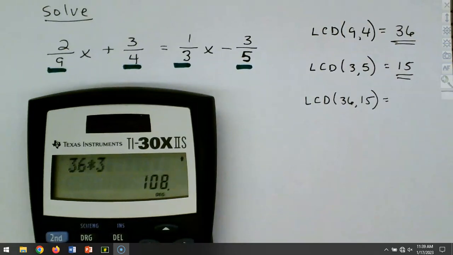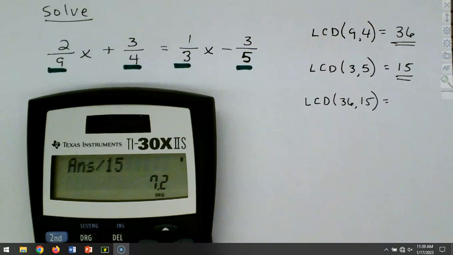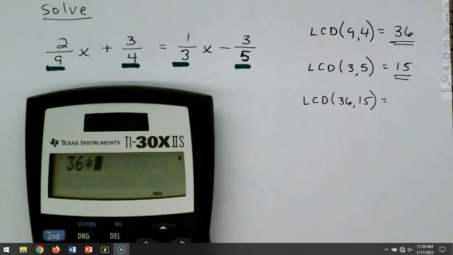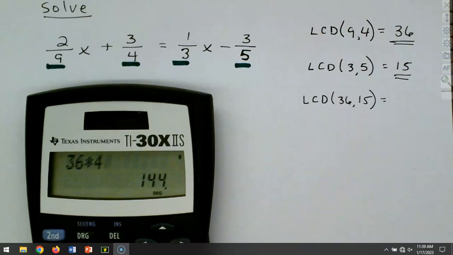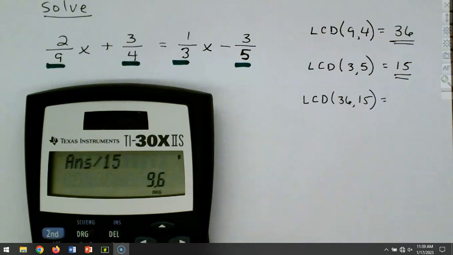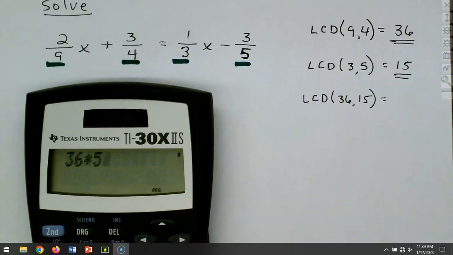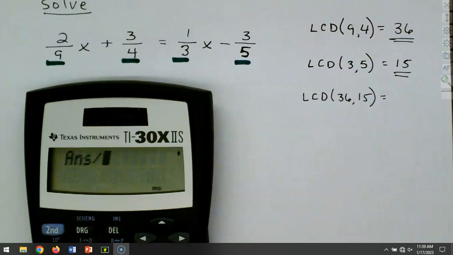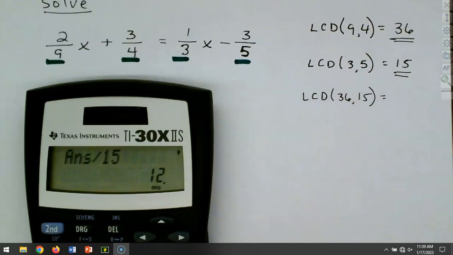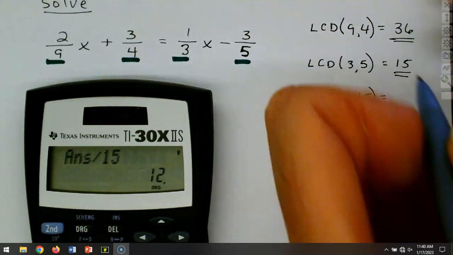What's that? 108. Does that go into 15? Nope. 36 times 4. 144. Does that go into 15? Nope. What about 36 times 5? That's 180. Does that go into 15? Yes. It goes evenly into it what? 12 times. So what's the least common denominator?